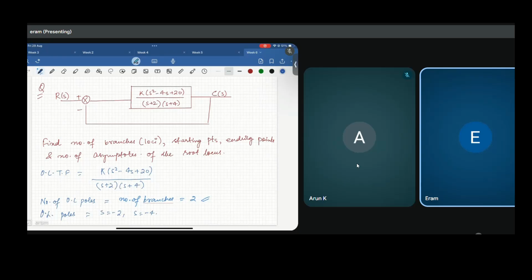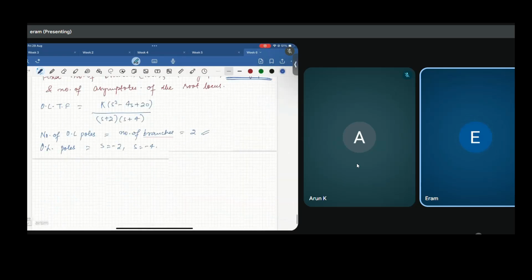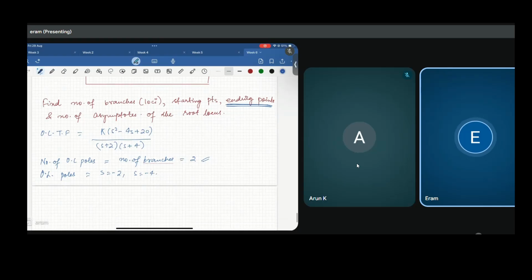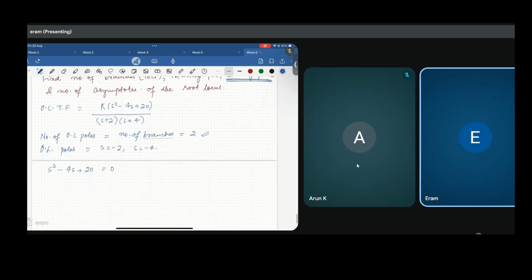That's why in this case the ending points will be the zeros of the open loop transfer function, and we can calculate them by solving this polynomial.